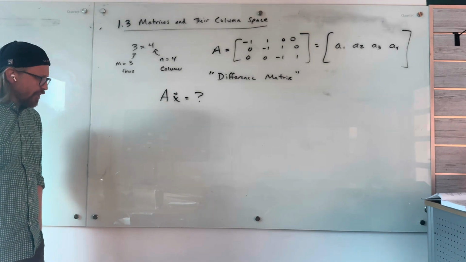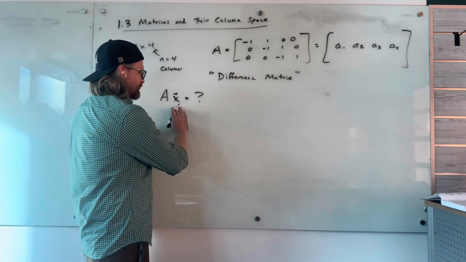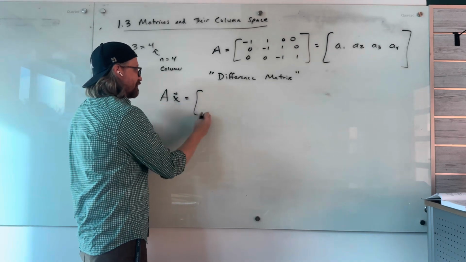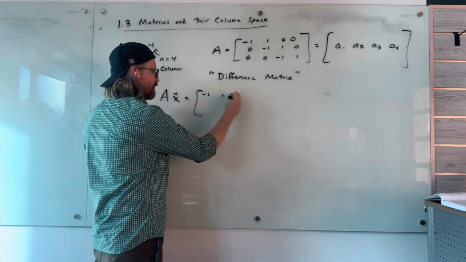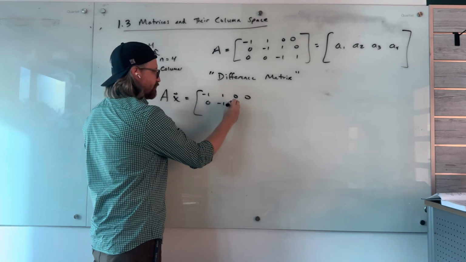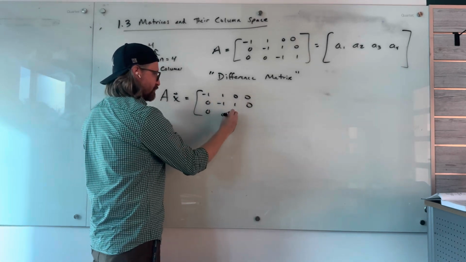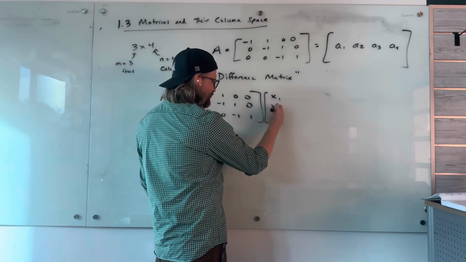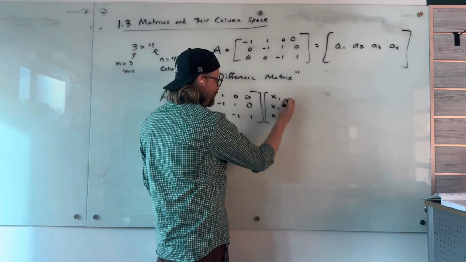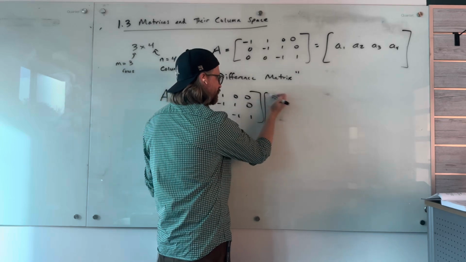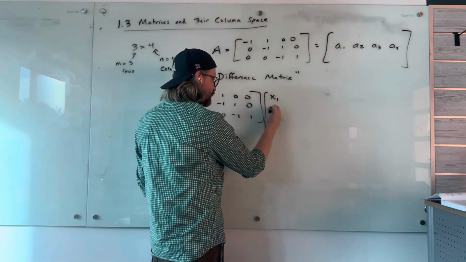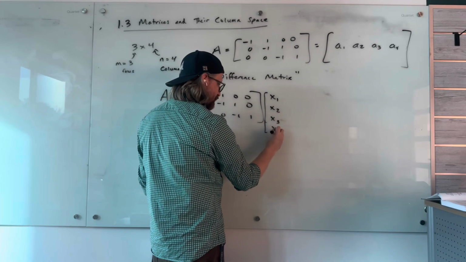Now, a couple things that we need to keep in mind is when I'm multiplying these 2 things together, if I list them quite literally, -1, 1, 0, 0, 0, -1, 1, 0, 0, 0, -1, 1. X is constructed of x1, x2, x3, and x4.